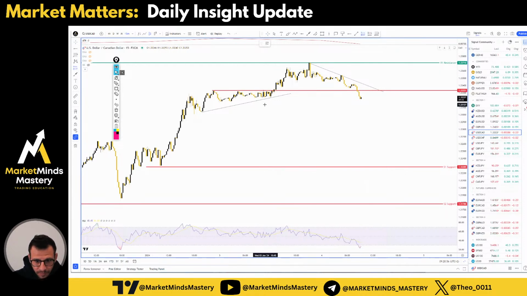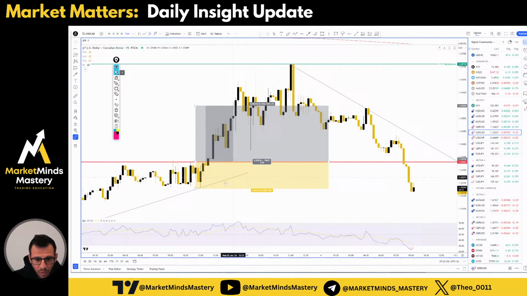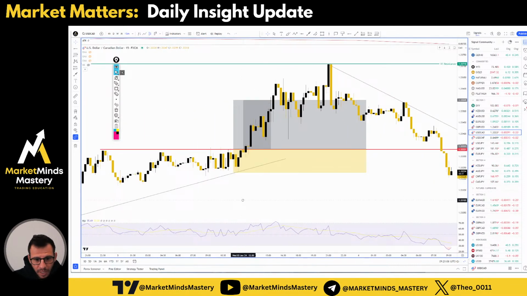So that was a long position on the breakout, with the low of this swing used as the stop loss placement.